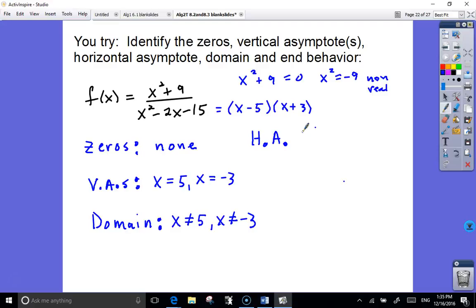It's x squared in the numerator, x squared in the denominator, so it should be y equals the ratio of the leading coefficients. 1 over 1, which is 1. And what does that make the end behavior? As x approaches plus or minus infinity, y approaches 1.